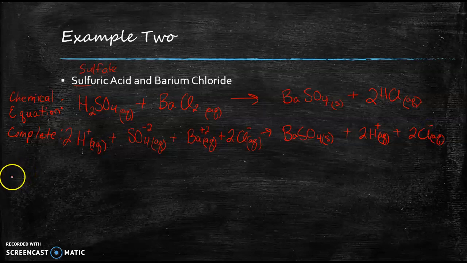Now to form our net equation. Remember, we identify our solid, cross out our spectator ions on both sides, and rewrite our complete equation now as our net equation.